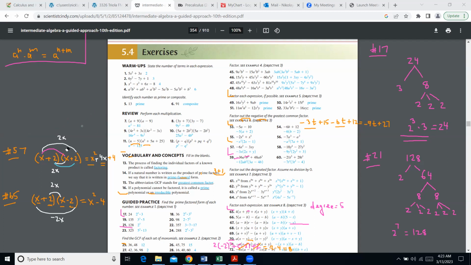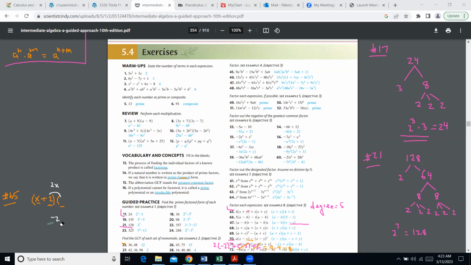Please notice that this is a backward procedure compared to what we already did in the previous sections. So factoring is kind of opposite to what we were doing before. So I guess today we need to start getting used to this procedure.